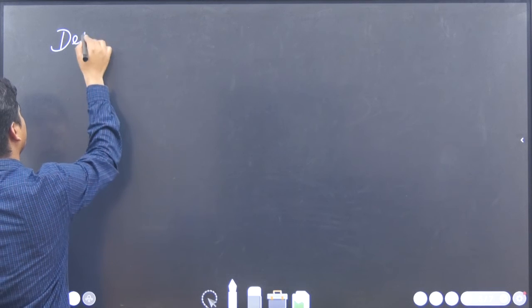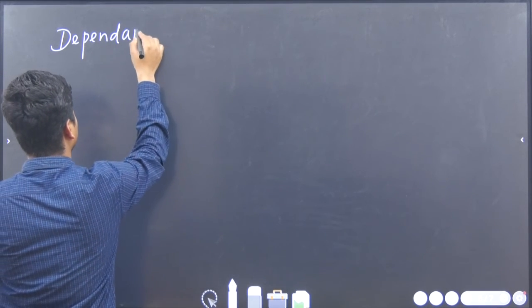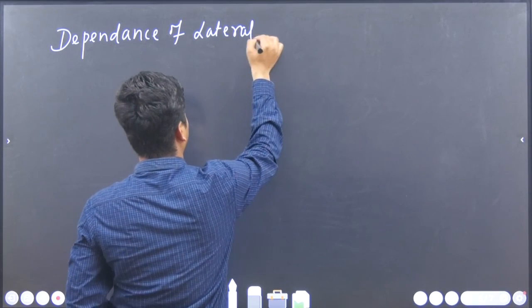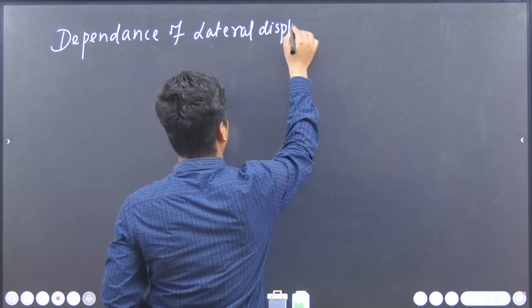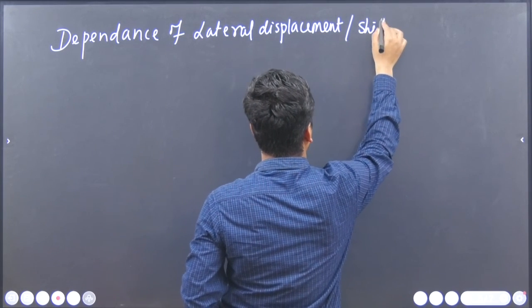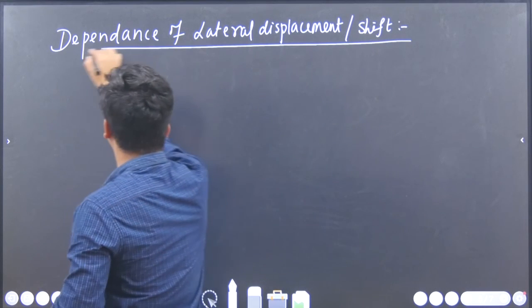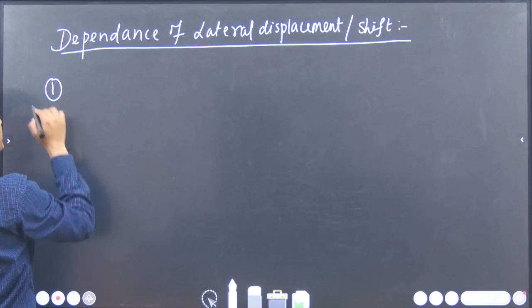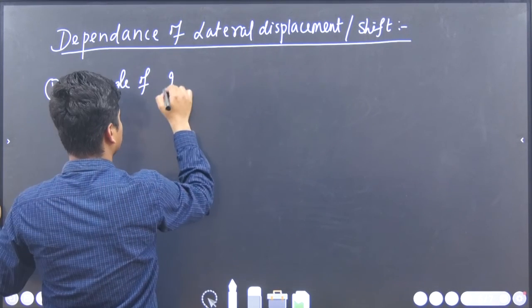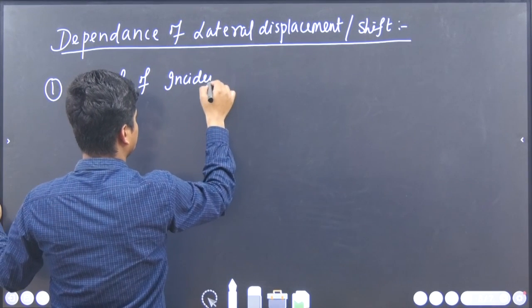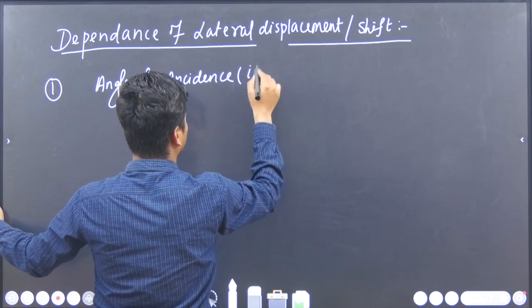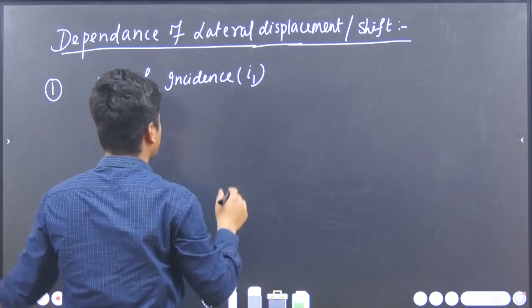Now you can write one thing: dependence of lateral displacement or shift. The first thing is the angle of incidence, that is I1.